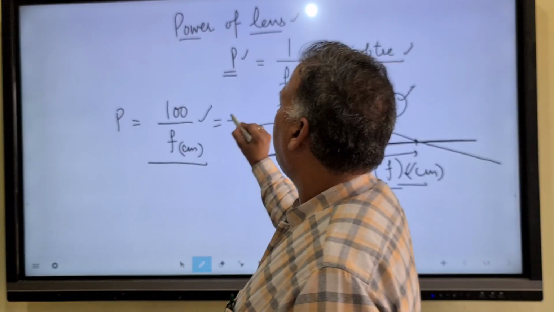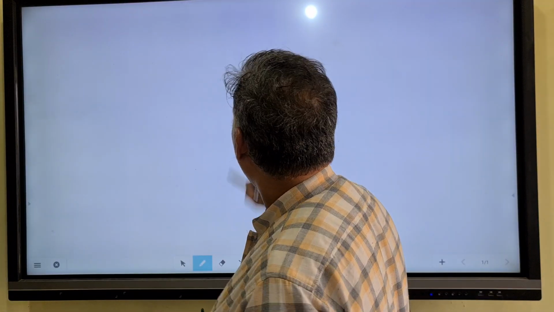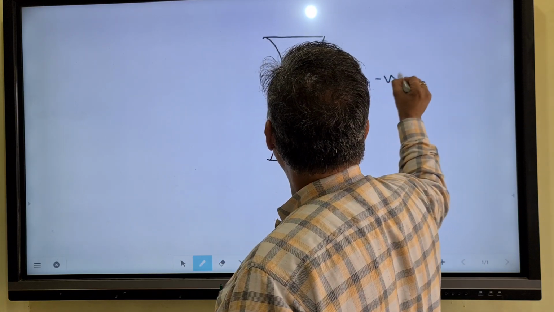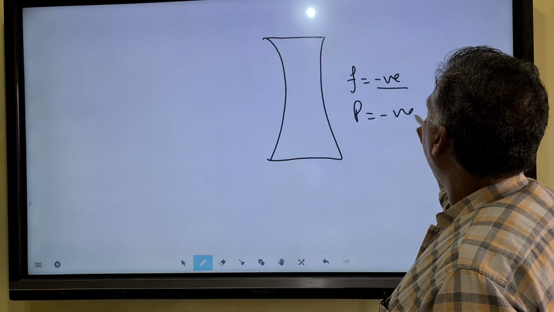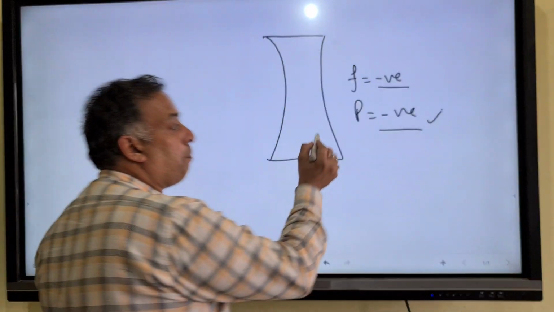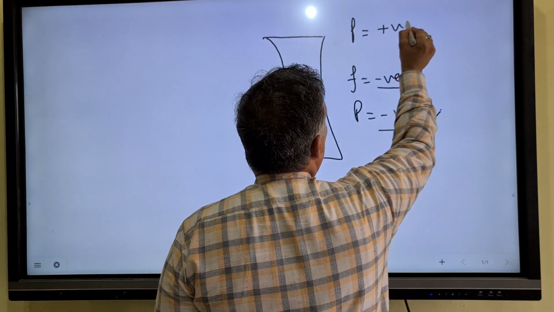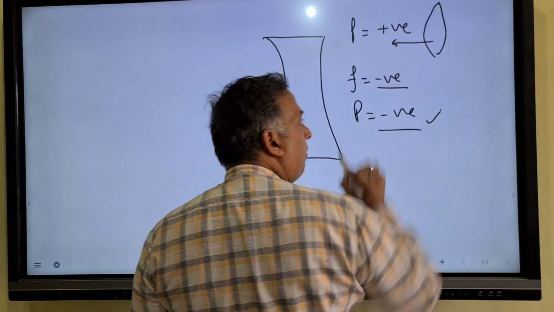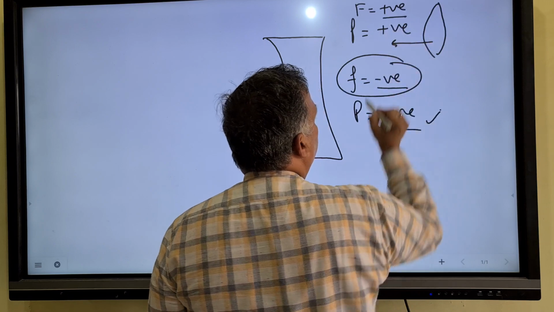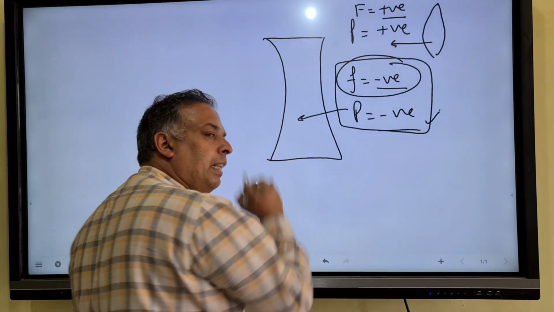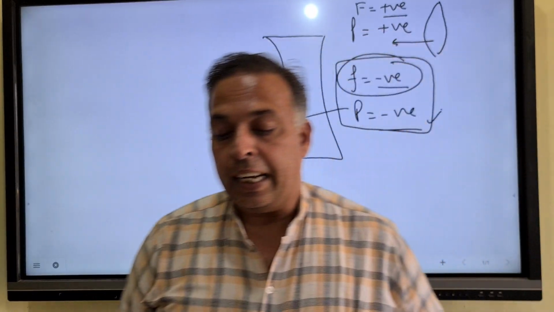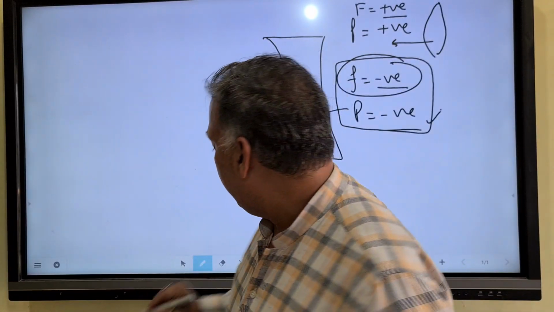In case of a concave lens, the focal length is negative, so power is negative in this case. So a biconvex lens has a positive power because focal length is positive, but a biconcave lens has a negative power because focal length is negative.